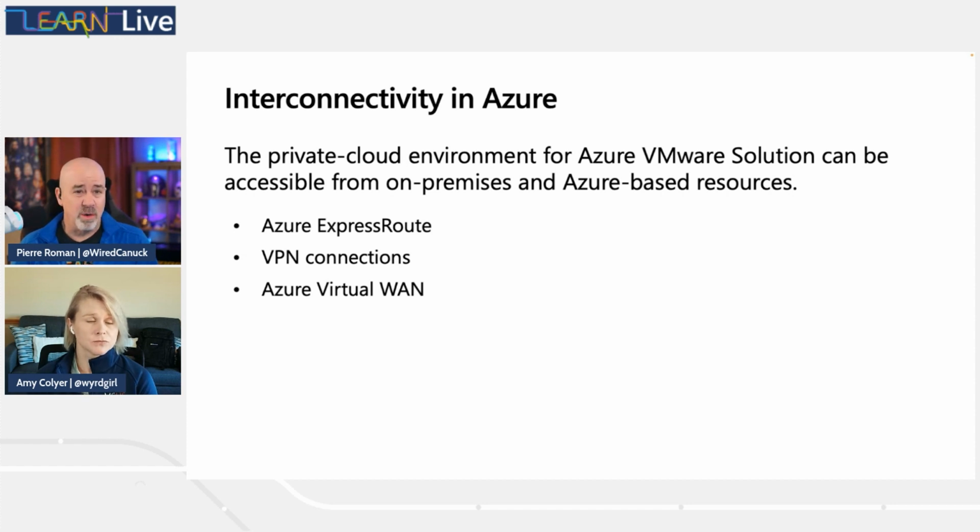The VPN gateway can be up, but if there's a failure anywhere else in the chain on the public internet, we can't be responsible for that. So ExpressRoute is definitely the more robust connection type. Or if you even have an ExpressRoute to one location that is connected to the Azure backbone, you can piggyback over the Azure virtual WAN to connect to the region where your VMware solution sits. Exactly.